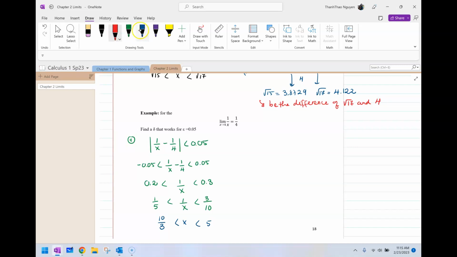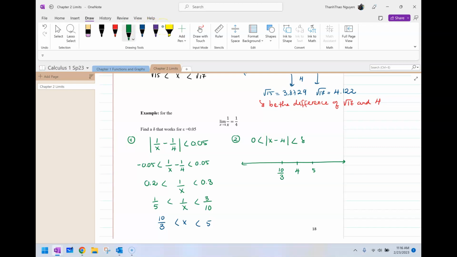Secondly, let's consider our delta. We want the value so that we have this inequality less than delta. So let's consider the distance of c to the two values that we have in our interval. Here we get 4, here's 5, and this is 10 over 3. The distance between 10 over 3 and 4 is less than the distance between 4 and 5.